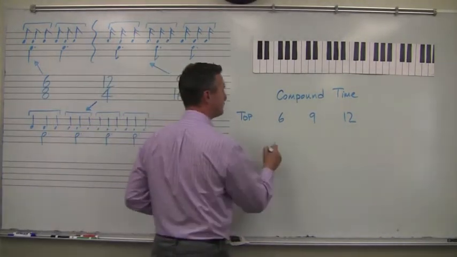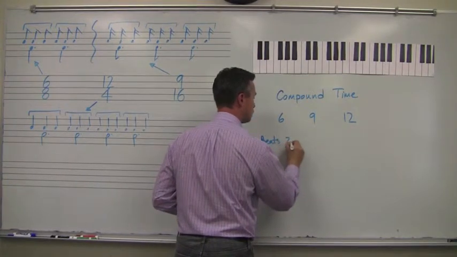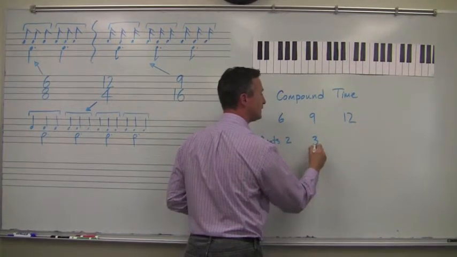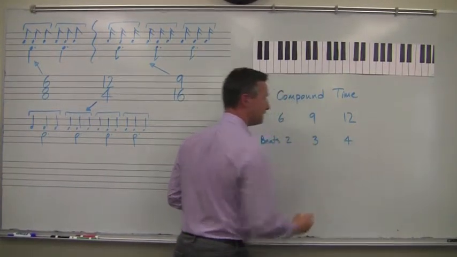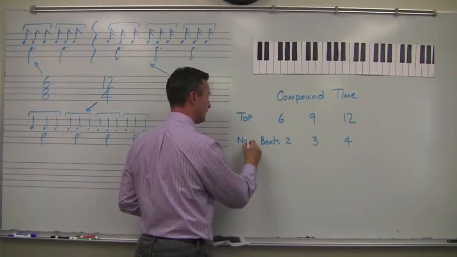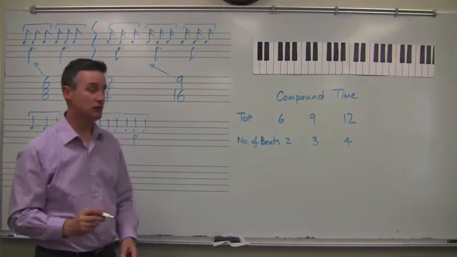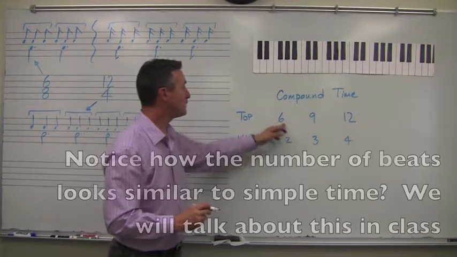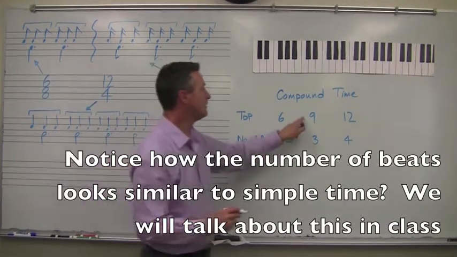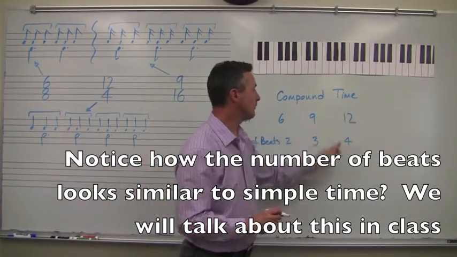If I divide 6 by 3, I end up with 2 beats. If I divide 9 by 3, I end up with 3 beats. If I divide 12 by 3, I end up with 4 beats. So anything with a 6 on the top has 2 beats. Anything with 9 on the top has 3 beats. If I have a 12 on the top, there are 4 beats.